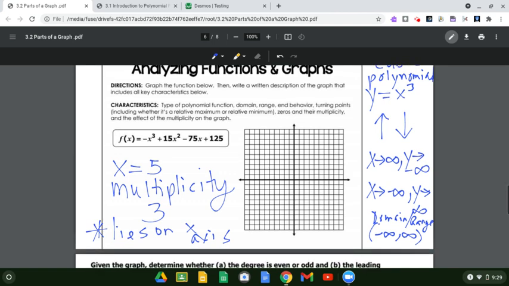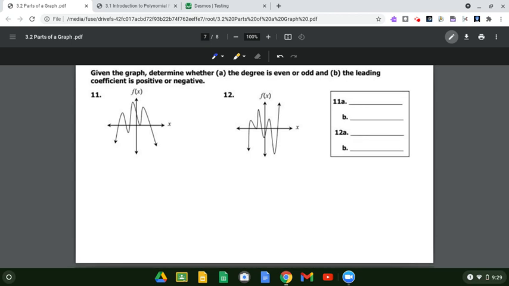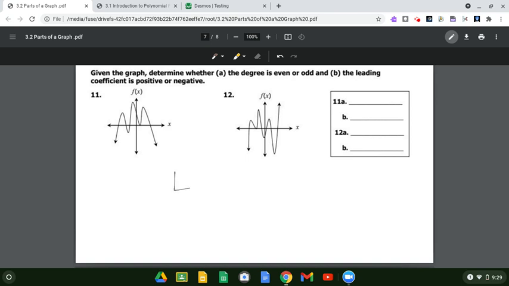Okay, all right, let's keep going here. This will bring us back to a little bit of what we did yesterday. Remember, real quick, the degree, even, odd, the leading coefficient, positive or negative: up, up; down, down; down, up; up, down. We did that chart yesterday. So this can help us determine the degree and the leading coefficient. Number 11, both ends are going down.